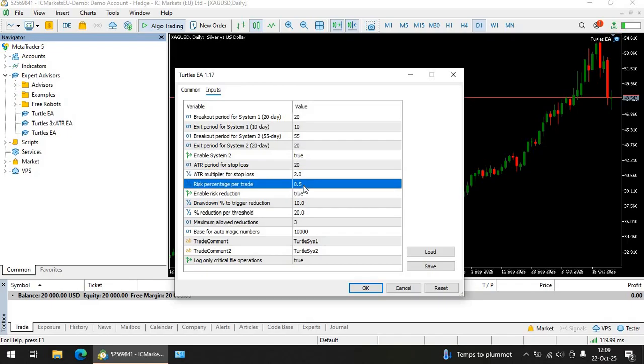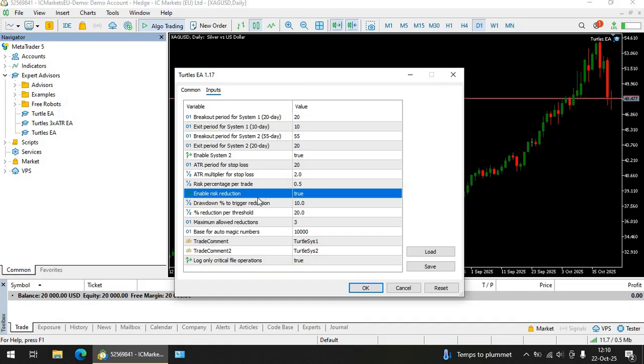By default, I set the expert to risk only 0.5% per trade, but you can go to 1% or even lower. But since it uses two systems, I don't recommend going above 1%, because you will have too much exposure to big risk.